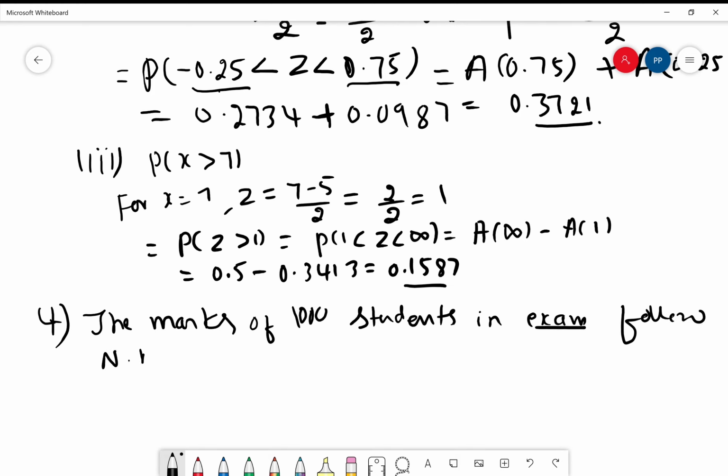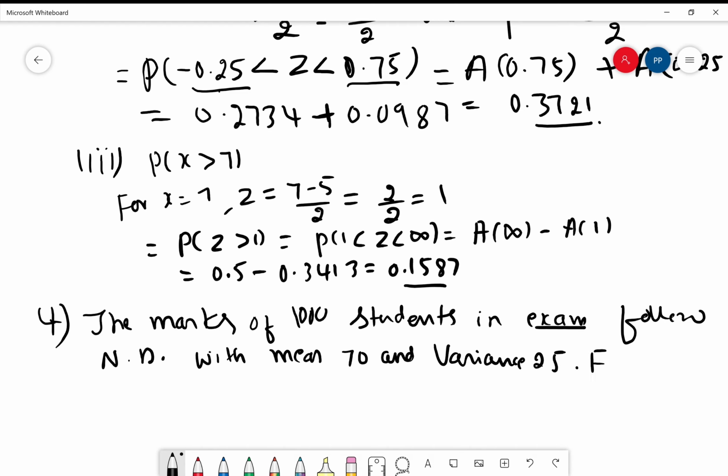ND means normal distribution with mean 70 and variance 25.